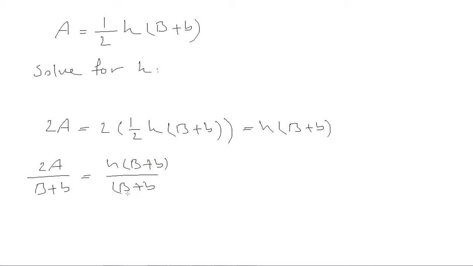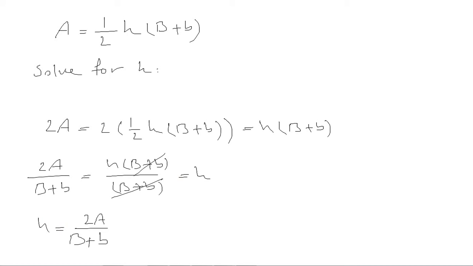Now this cancels this and h is now isolated. So h equals 2a over B plus b. So that is solving for a particular variable. Here we have four variables. We have a, h, uppercase B, lowercase b, and we are solving for h. So that's solving for one particular variable.